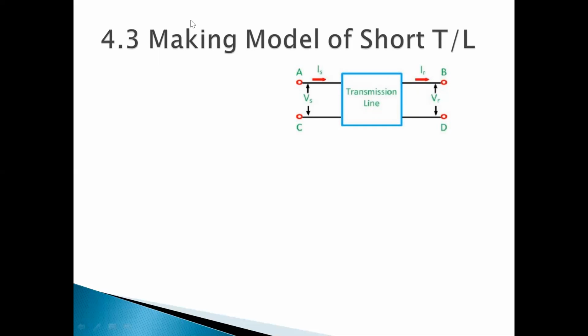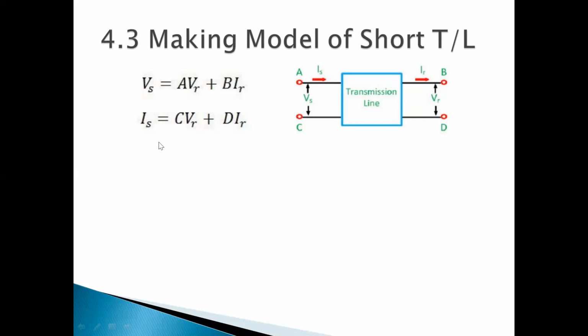Because it will help me in solving problems, and it will help me in designing any kind of transmission line. So we will discuss models. Here Vs is equal to A into Vr plus B into Ir, and Is is equal to C into Vr plus D into Ir. So this is the equation of this model.